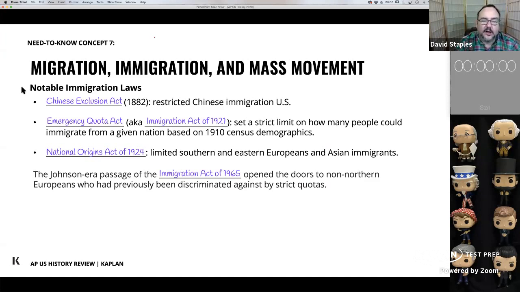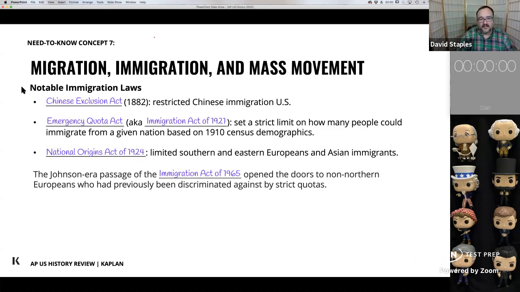These laws are in place to flat out discriminate against these different groups. They're limiting the number of people coming in, based on each nation where they're from. It sounds a lot like some other immigration laws that were recently passed, where we're limiting from different countries. That's kind of what's going on in this series here.